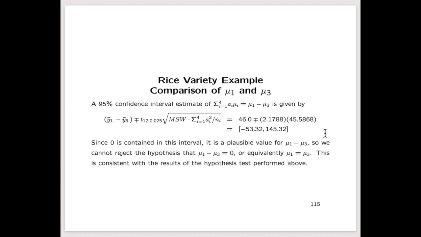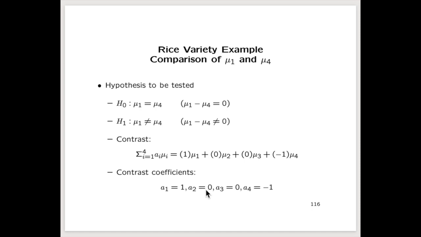So we can answer the same type of question using a confidence interval as with a hypothesis test, but with a confidence interval we get more information. Not only are we able to make a qualitative decision about whether to reject the null hypothesis, but we also get a set of plausible values that the difference mu1 minus mu3 could reasonably take on.